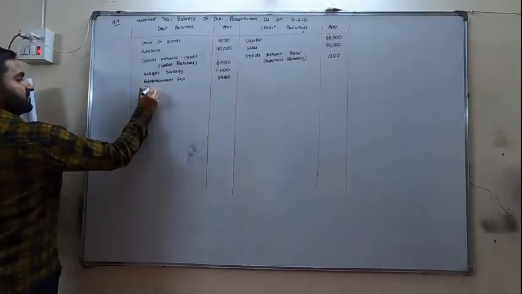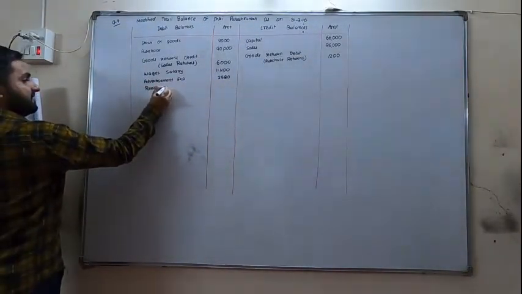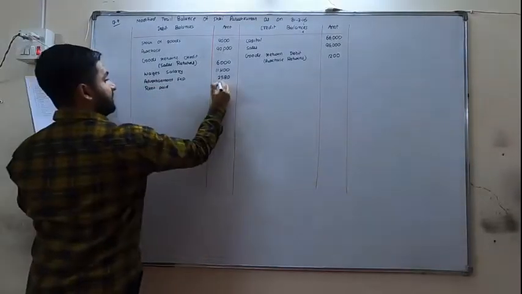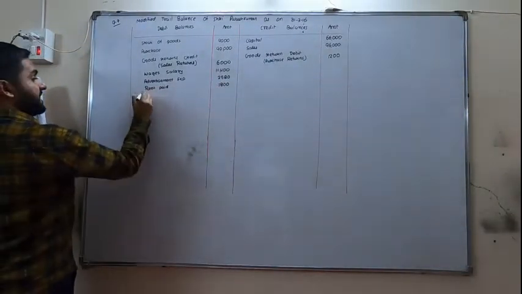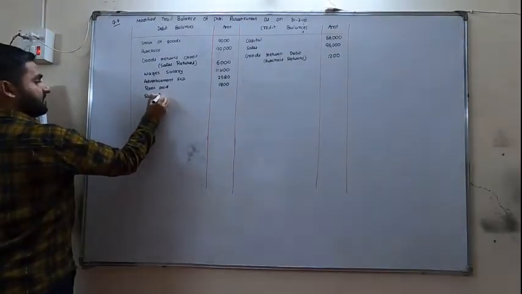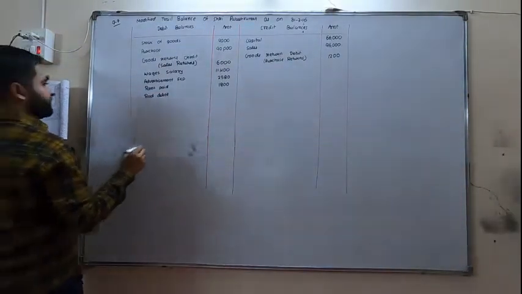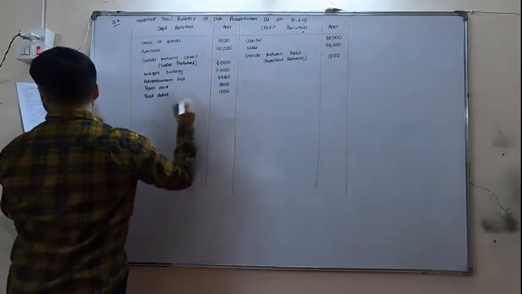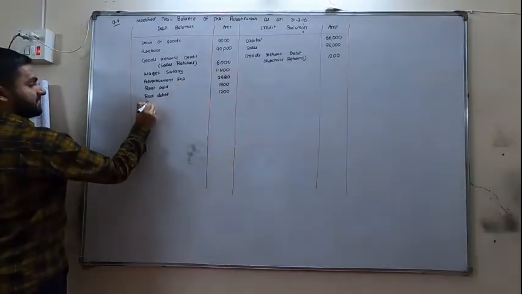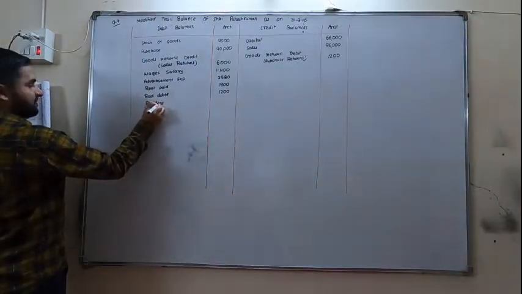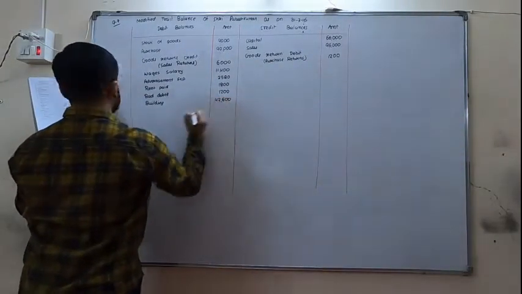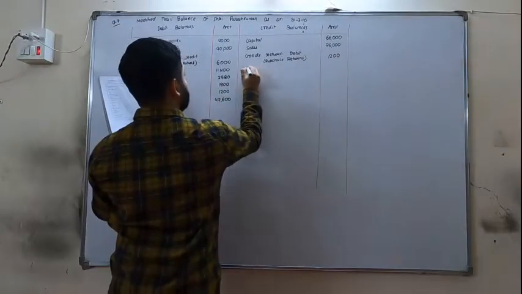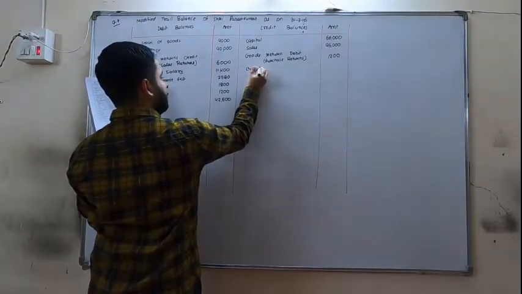Then rent paid is also our expense, so on debit side rent paid 1800. Then bad debts is our loss, so again on debit side bad debts 1200. Then building is our asset, so on debit side building 42,600.